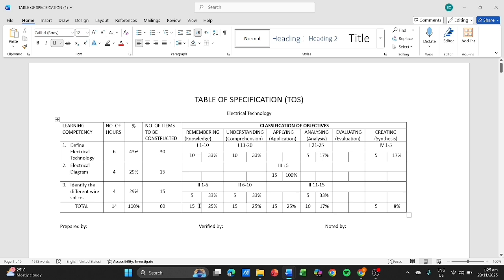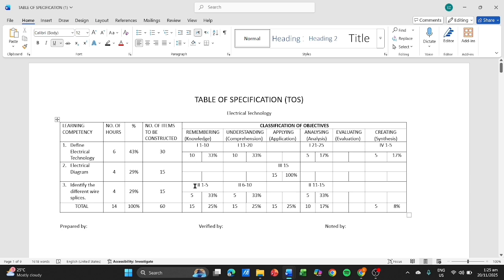And now, what we're going to do here is the total. How did we come up with the total? We come up with a total by adding all the items that belong to a certain classification of objectives. For example, remembering: we have here 10 items and 5 items, so we have a total of 15 items. Alright?